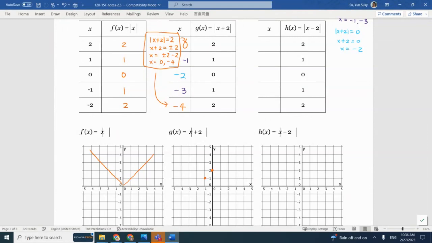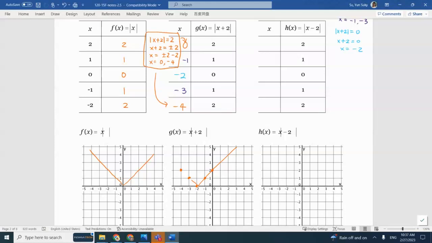X is -2, the y is 0. X is -3, the y is 1. X is -4, the y is 2. Are you okay plotting points? You look at the x values and the y values and you plot the points. Is everybody okay with that?